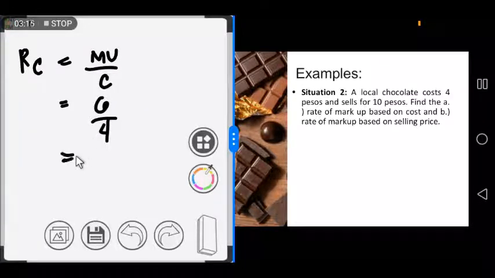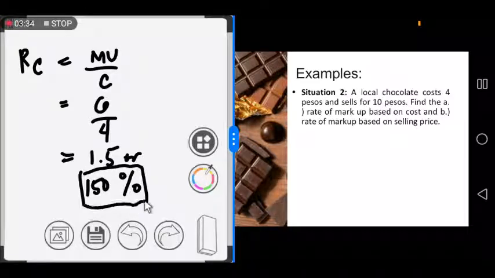Dividing the two, we will have 1.5, or multiplying 1.5 by 100, we will have 150. Don't forget the percent sign. So, 150%.